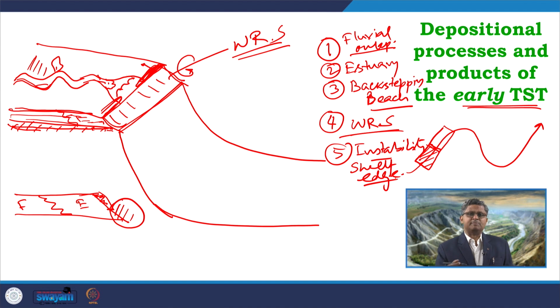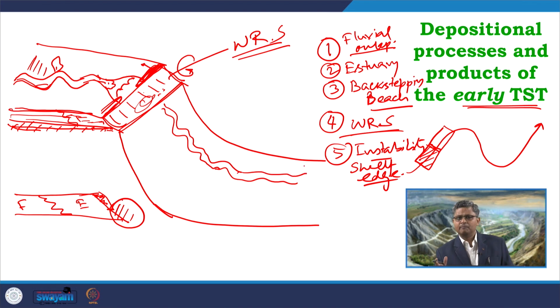So, this instability will lead to formation of or reworking of the sediments which are supplied by the river as well as developed from this zone by this erosional process of the wave ravinement process. And those sediments associated with water, they will come down the slope forming this kind of leveed channels, and they will flow much inside, much away within the basin floor, and finally they will form this kind of splay type deposits.